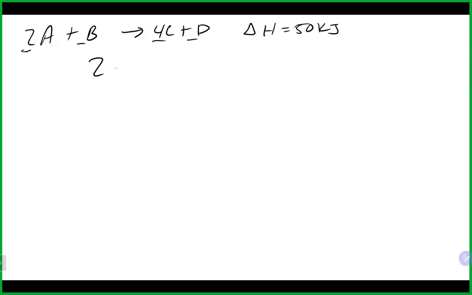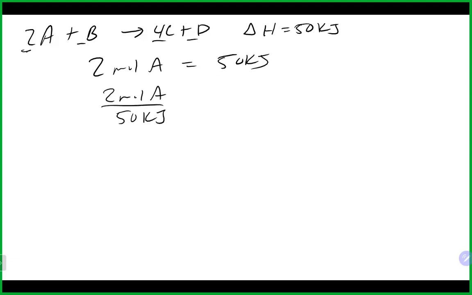And we could say for every 2 moles of A, we get out 50 kilojoules of energy. We could actually use that as a conversion factor that involves energy and moles. And we could flip it around and do 50 kilojoules up on top and 2 moles on the bottom in this particular case. And again, we could do that.